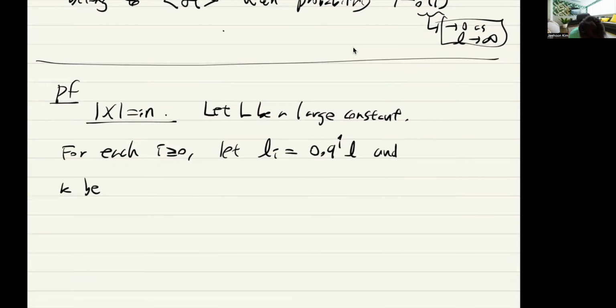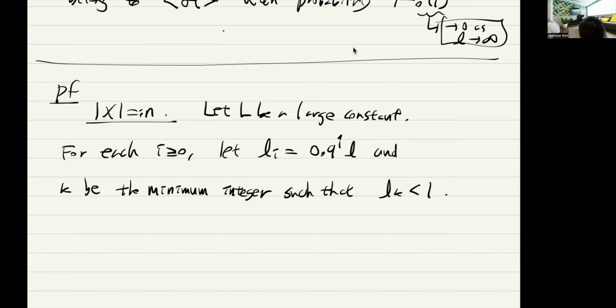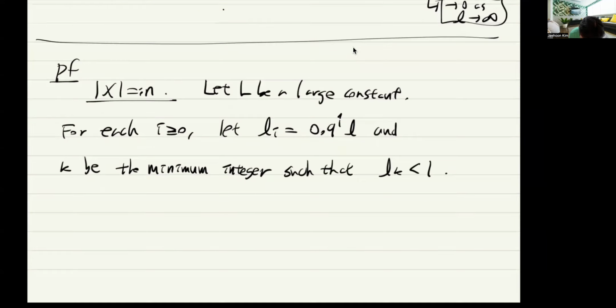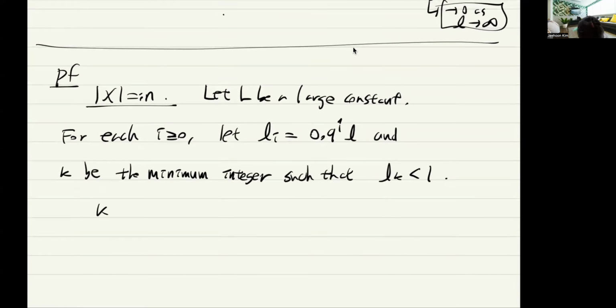And let K be a minimum integer such that Lk becomes smaller than 1. And we know that K is something like almost 100 times log L.